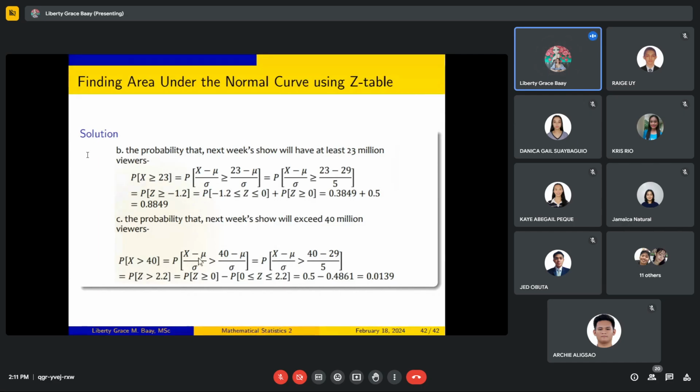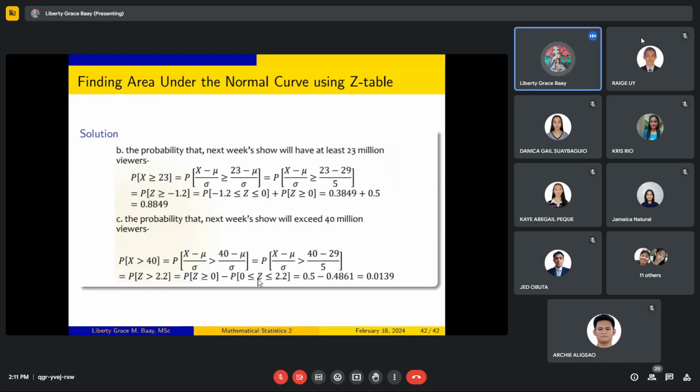I guess this is in your Descriptive and Inferential Statistics class, finding the area under the normal curve. So 40 minus mu. You can go directly, class, probability of x minus mu divided by sigma is greater than 40 minus 29 divided by 5. So z is equal to 2.2.